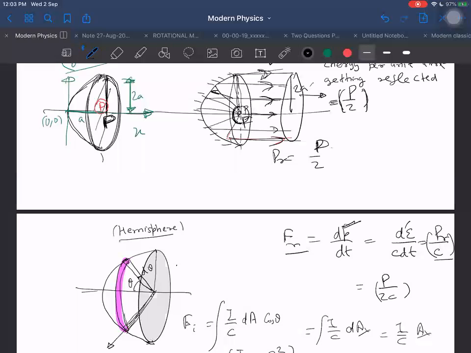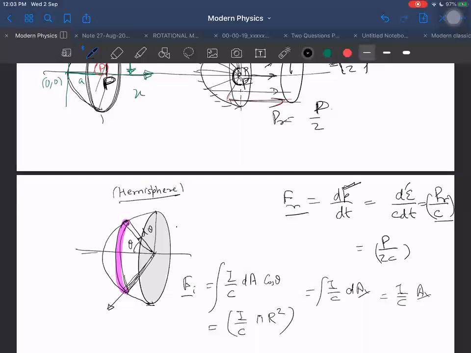Therefore, I am finding it out only for the hemisphere. For the hemisphere it is easy to find. dF is equal to I by C into dA cos theta. I want to find the force only along the x-axis. Sorry, why am I unnecessarily confusing you with the hemisphere? It could be the parabola as well.